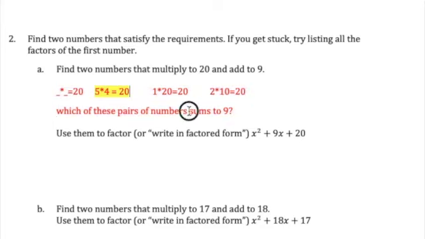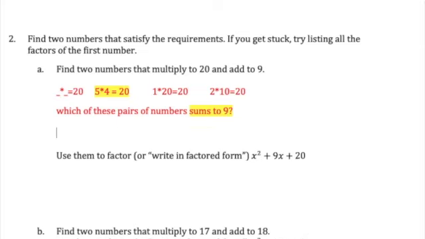That one sums to 9 because 5 plus 4 is 9. So now I know that when I factor this, it's going to be x plus 4 times x plus 5. Because if I distribute this out, I'd get x squared, then I'd get a 5x, and then I'd get a 4x, and then I get 5 times 4 is 20.